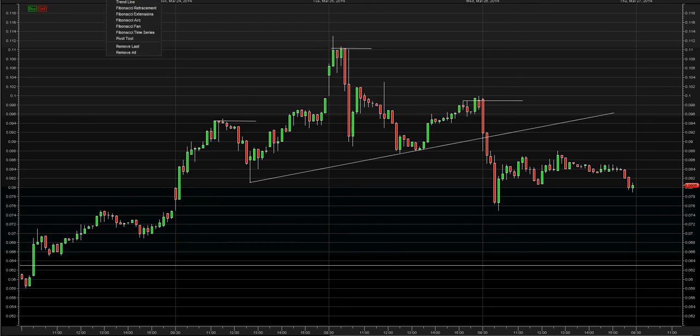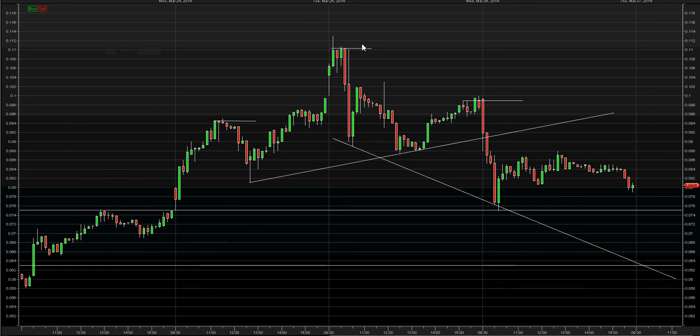Let me draw our trend line from the high, drag it down to the low. And I see a confluence of trend lines of support right at 0.062, give or take.